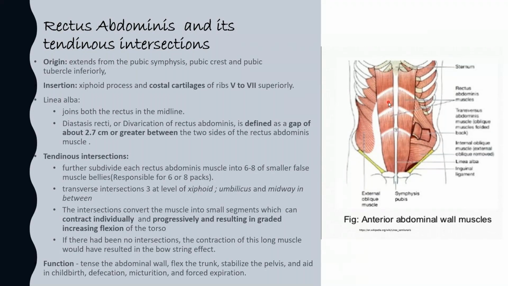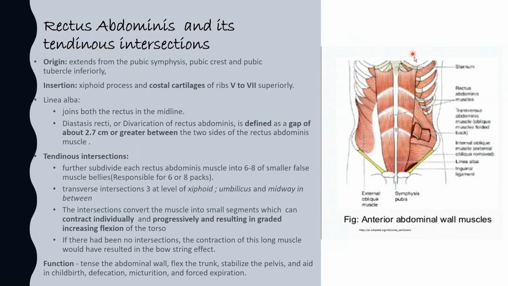If these intersections were not there, this would have become a long muscle. In contracting, it would have a bowstring effect, and that bowstring effect would negate its beneficial effect.